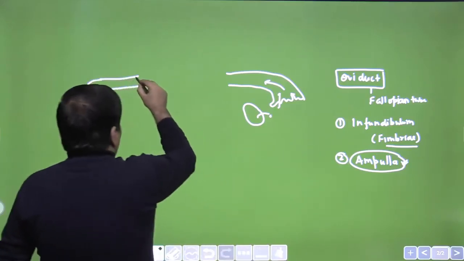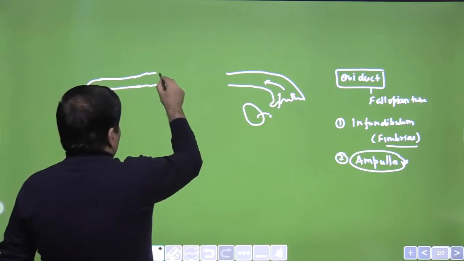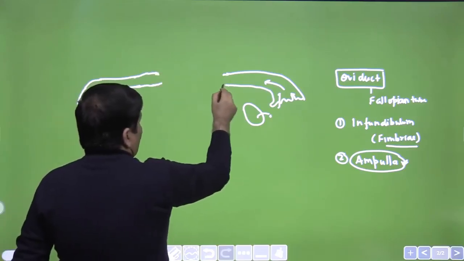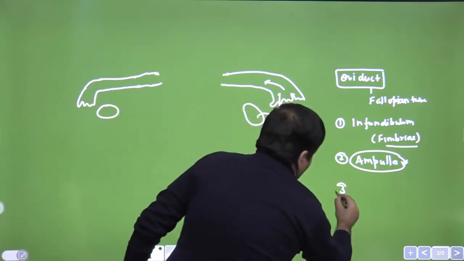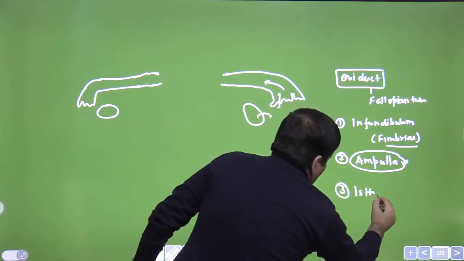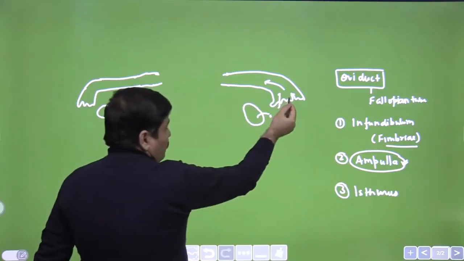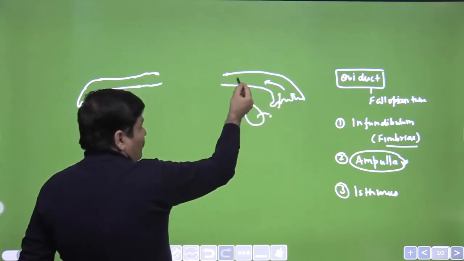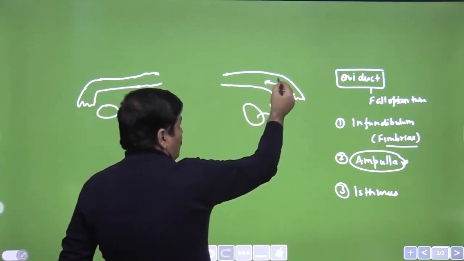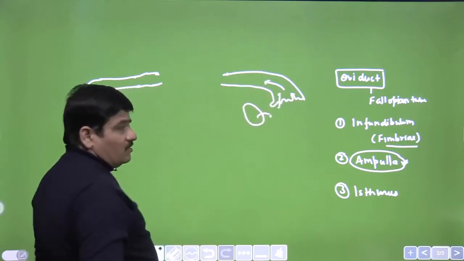Once you go away from this, there is a narrower part, the third part, called the isthmus. So when we go away from the ovary, this is the infundibulum, then the ampulla, and then the isthmus.